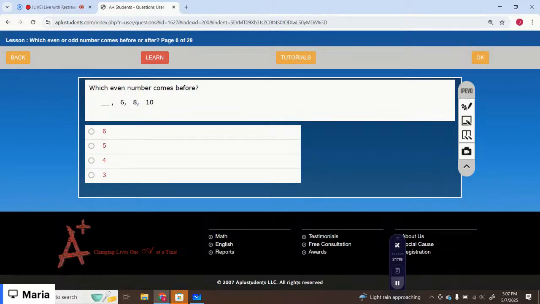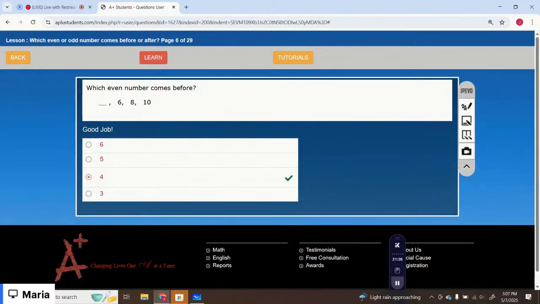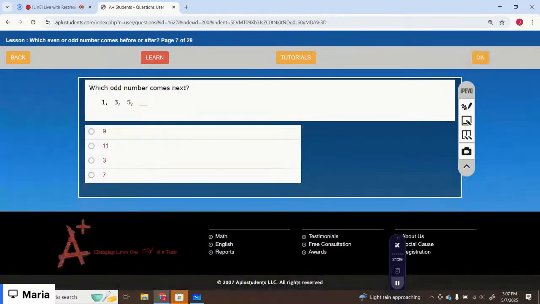That is 4. Option number 3 is the correct option. Which odd number comes next? 1, 3, 5.